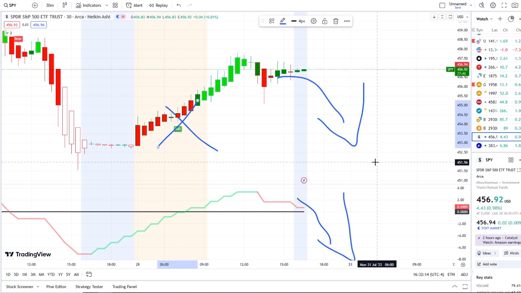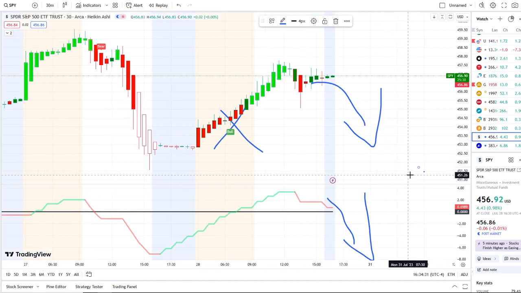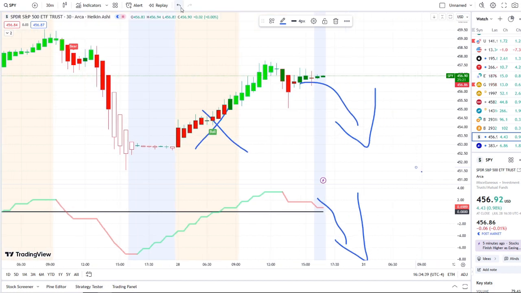Then below that is the 452.50 area. And if that gets broken through, the next support is the 451.50 area, as we talked about in the previous videos. And it was used as support as it came down to it yesterday and bounced back up towards the resistance up here of the 457 area.